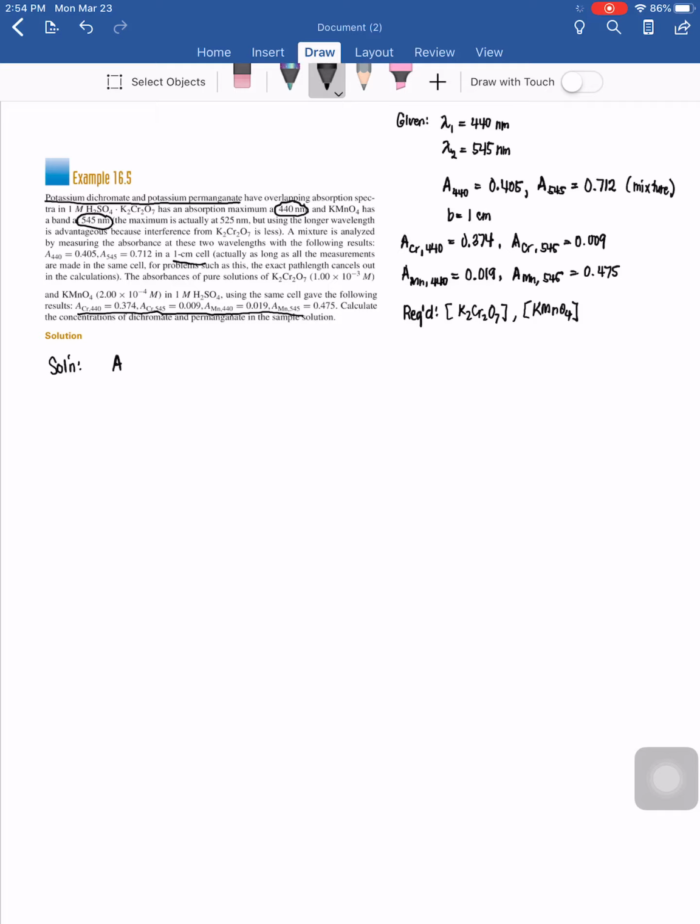We recall from Beer's law, absorbance is equal to the molar absorptivity times the path length times the concentration at any given wavelength. Now let's check our given values to see what we have for this particular problem.